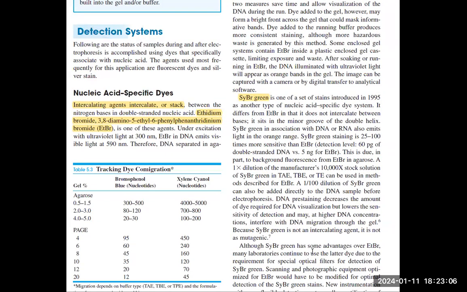And if you will ask me, Miss, between ethidium bromide and cybergreen, which one is commonly used? Because we're trying to avoid the problems on mutation and carcinogenesis associated with ethidium bromide, it's better to use cybergreen. Cybergreen 1 is for DNA, cybergreen 2 is for RNA, okay?